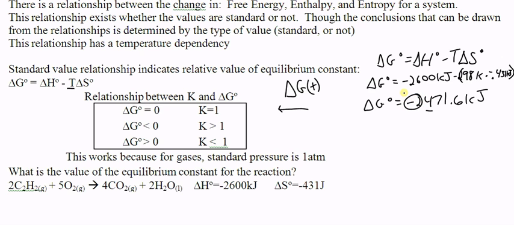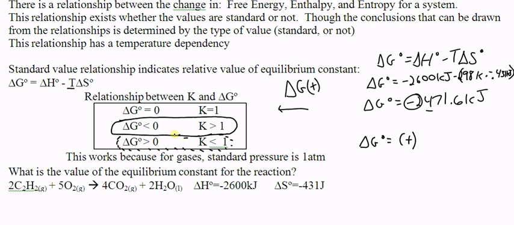And with a relatively negative delta G value, that takes us to this piece. And so the K should be greater than 1. So that's what we determined. Now if the standard free energy change value had been positive, then that would have taken us to this piece right here, telling us that the K would have been less than 1.